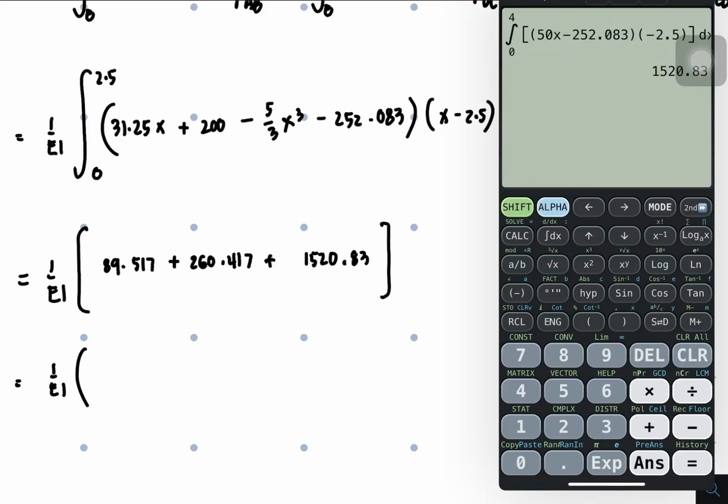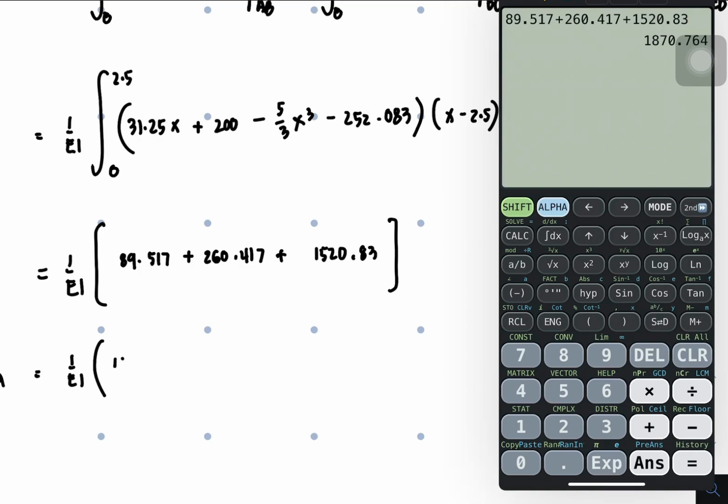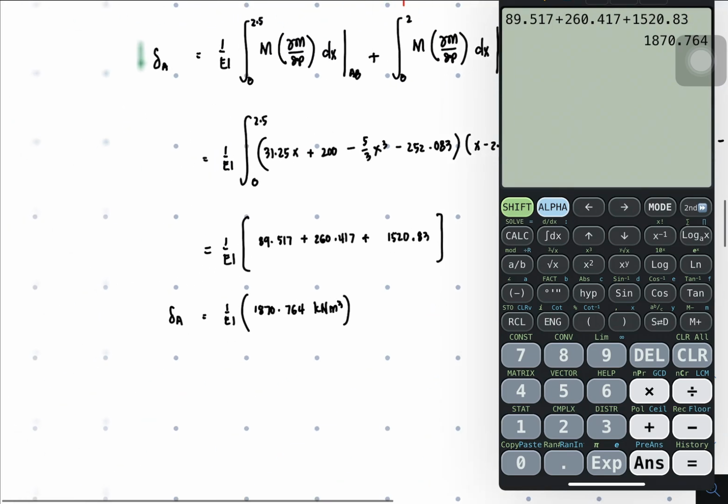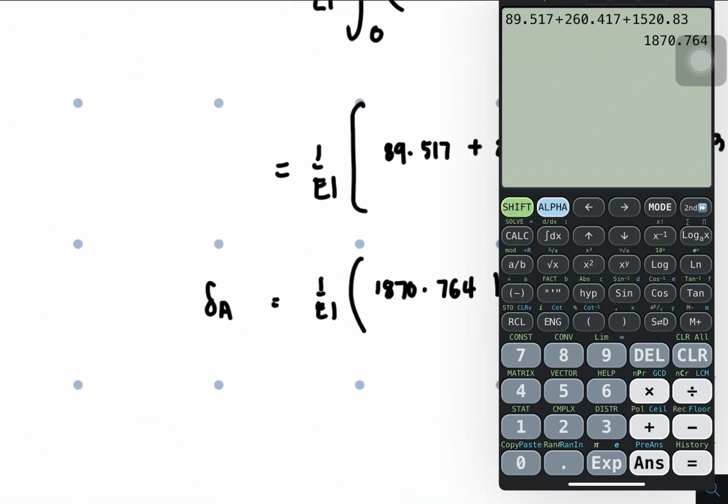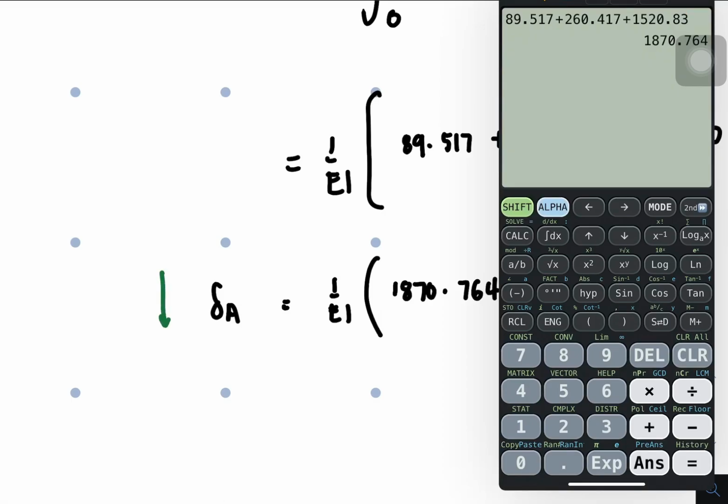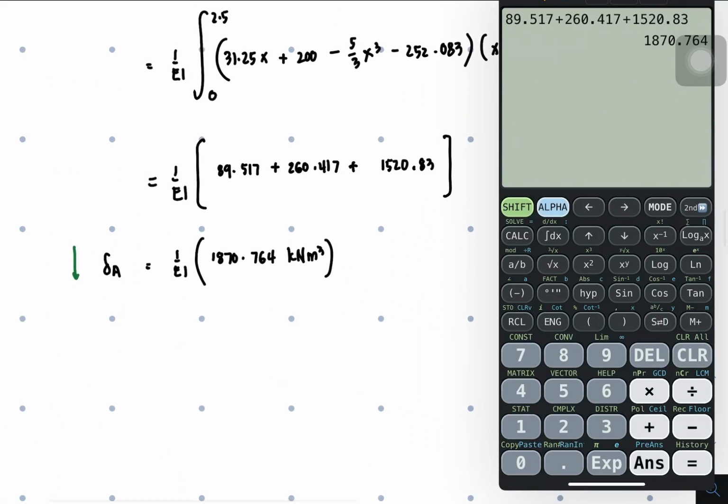So from here, we can now add the 3, that's 89.517 plus 260.417 plus 1520.83. So the answer here is 1870.764 kilonewtons cubic meter. And we assume that the deflection should be downward, which is somehow correct because it is at the free end.